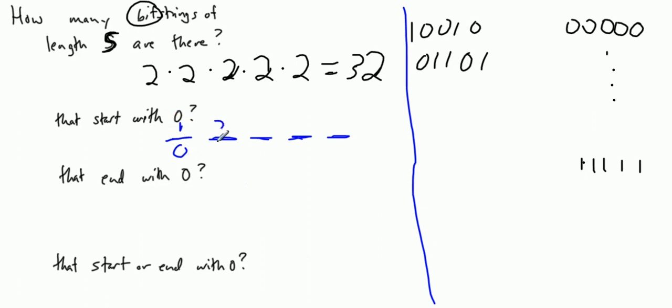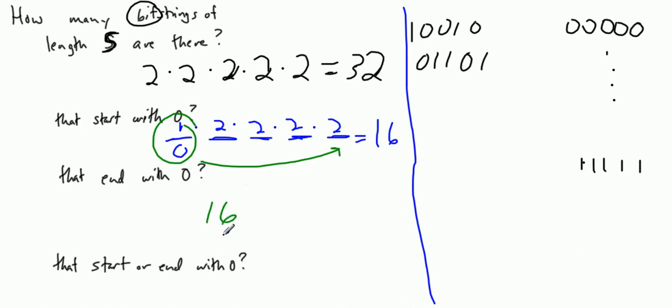Now the others could be 0 or 1. Again, it's a multiplied effect because each choice for one has independent choices for the next. This will give us 2 to the 4th, or 16. Ending with a 0 is basically the same answer, because instead of having the first one fixed at a 0, the last one would be fixed at a 0, which would just swap the order of these two, and we would still have 16.